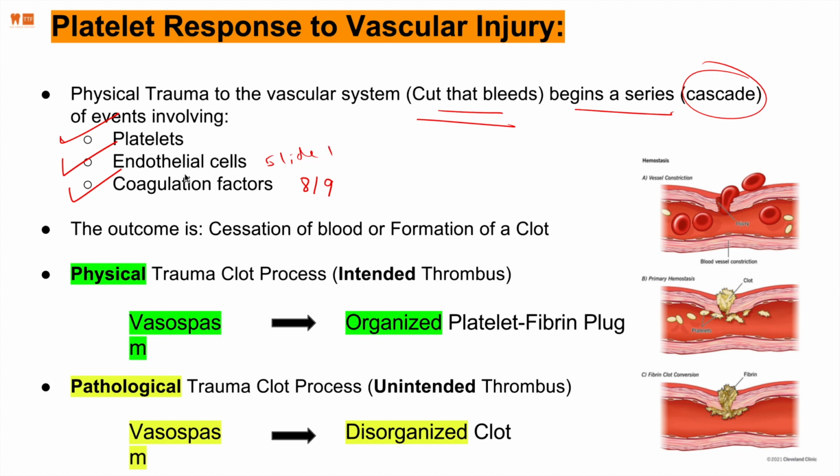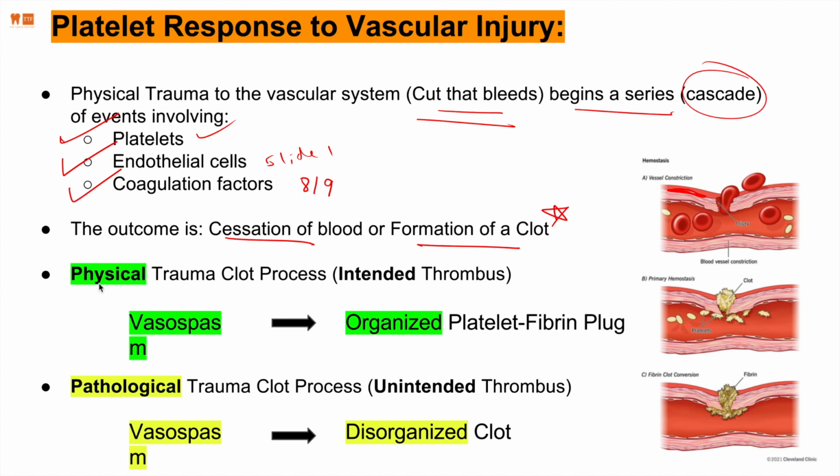These are endothelial cells, which means cells that reside in the vessels here. Okay, and then of course platelets we know for today's lecture. The outcome basically is cessation of blood or a formation of clot. That's basically what the platelets end up doing during a vascular injury.